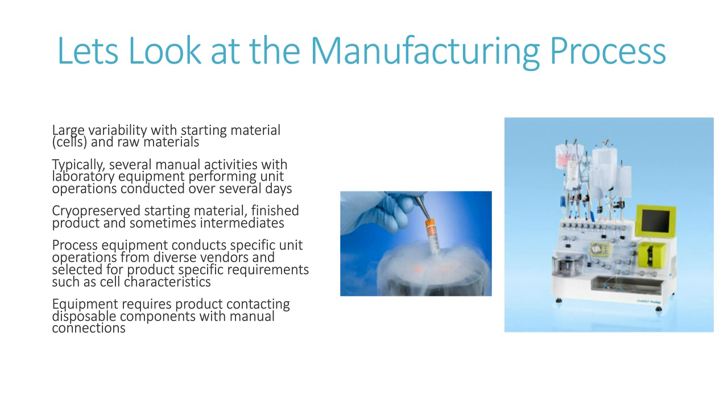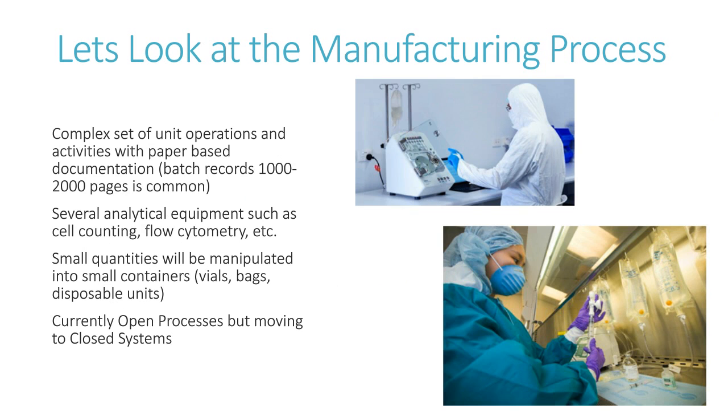The equipment requires product contacting disposable components like tubing and bags and what have you. And again, those are some steps that are done manually and need to be verified that they have been done correctly. In addition to that, the typical batch records that come out of a cell and gene therapy operation is voluminous.